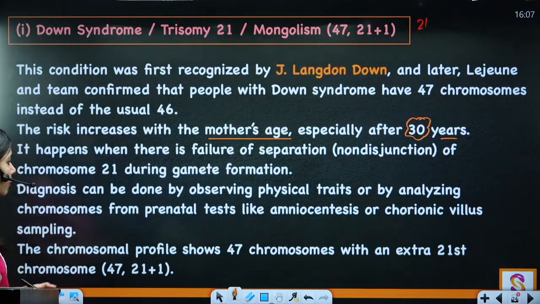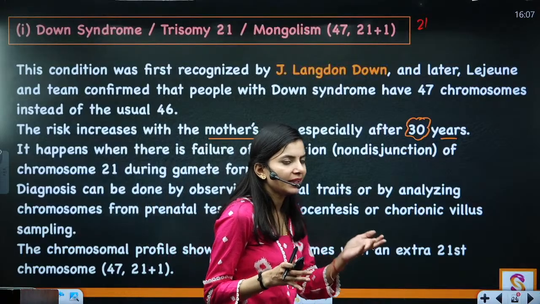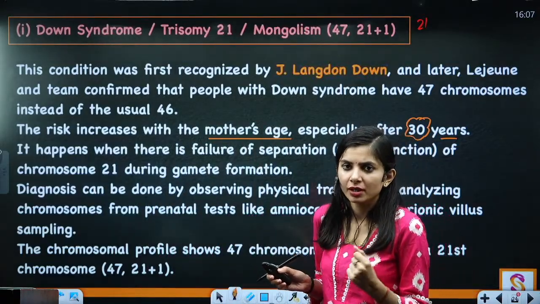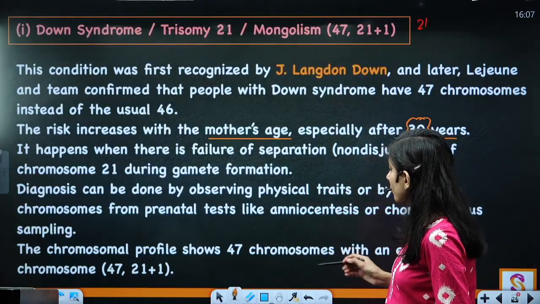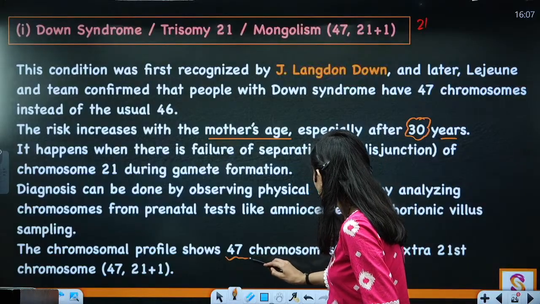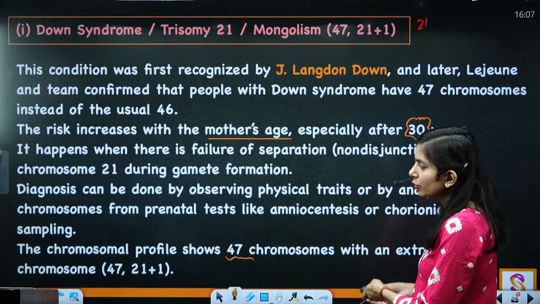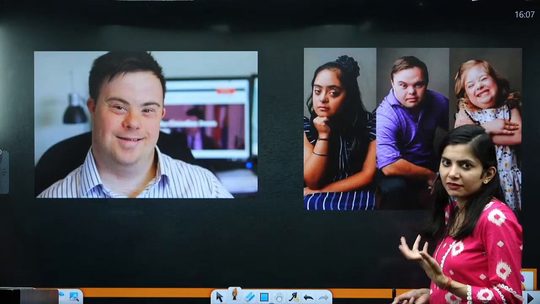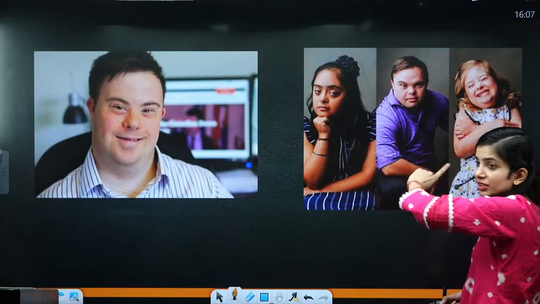Now how can you analyze it? It can be analyzed with the same test I told you about, the analysis of amniotic fluid. Based upon the amniotic fluid, the chromosomal profile shows that there are 47 chromosomes, and at the 21st number a new one is added. What are the basic physical features? All these persons have Down syndrome.